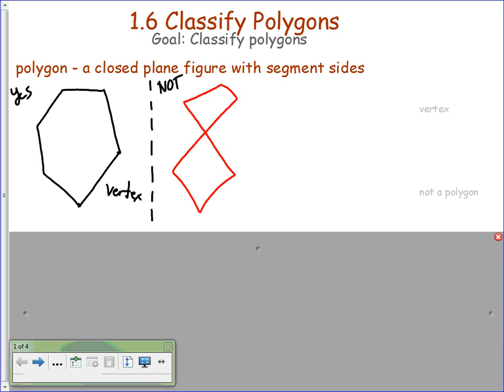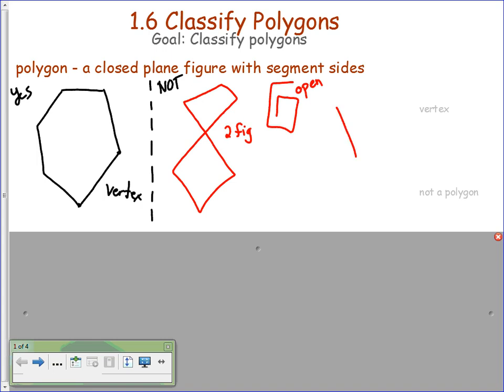Something like this. There are two figures. That is not a polygon. It has to create one figure. Another example of what we will see is something like that. It's open. That is also not a figure.